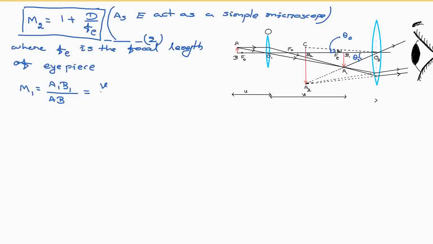Here for this objective lens, image distance is V and the object distance is U. So let us write this as equation number 3.